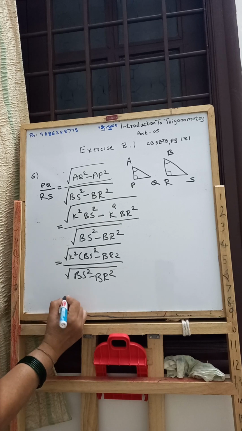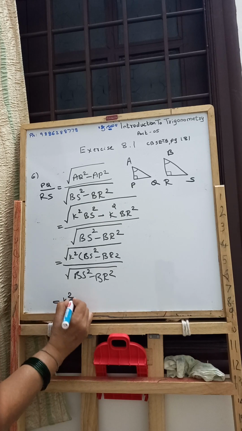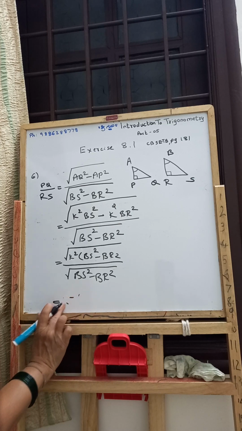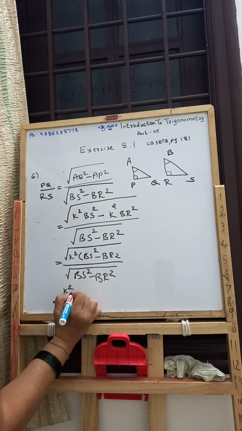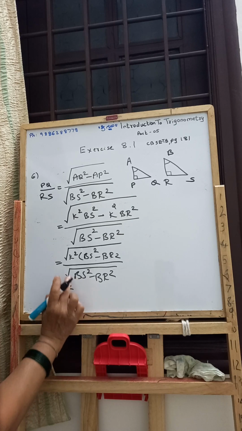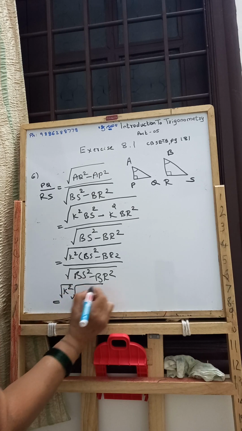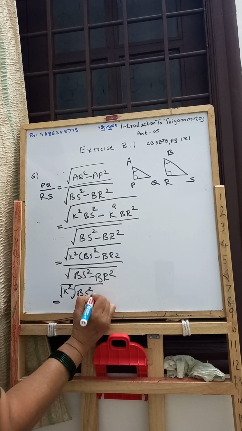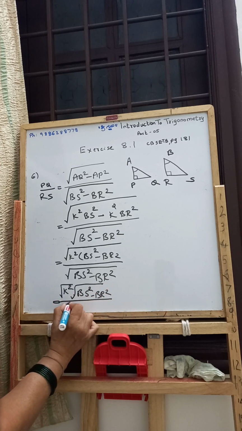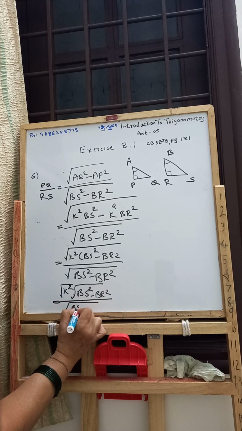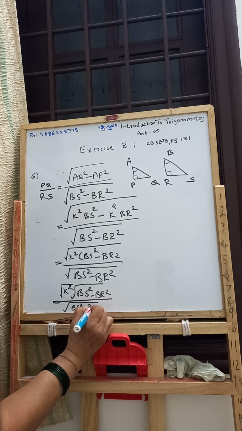This is equal to K square into square root of K square into square root of BS square minus BR square divided by square root of BS square minus BR square.